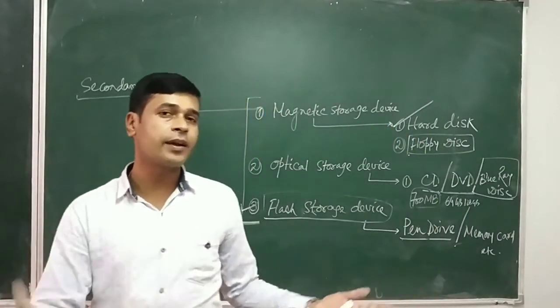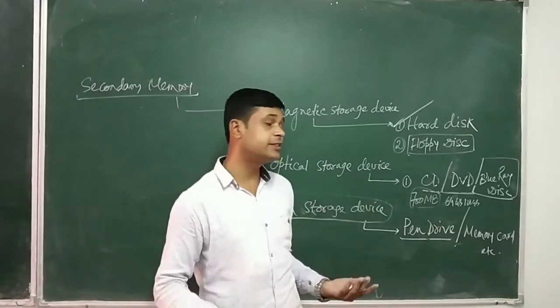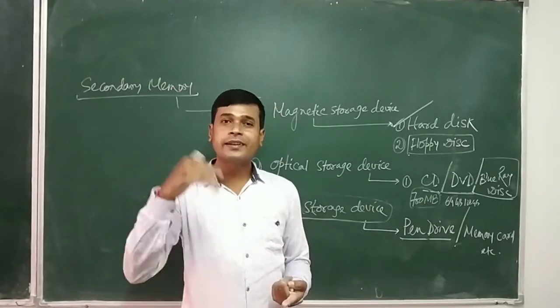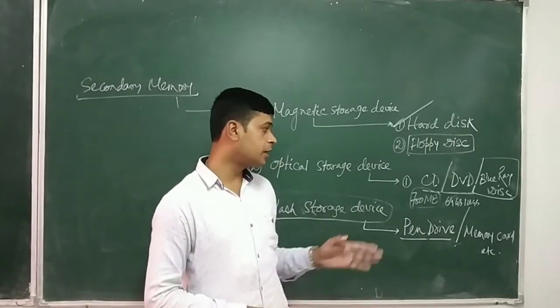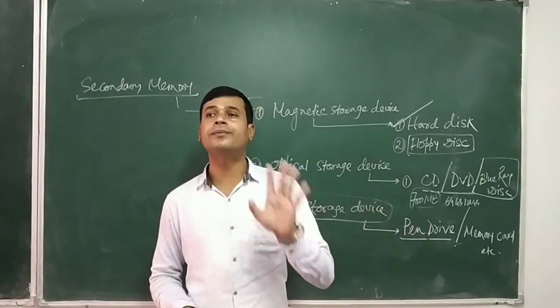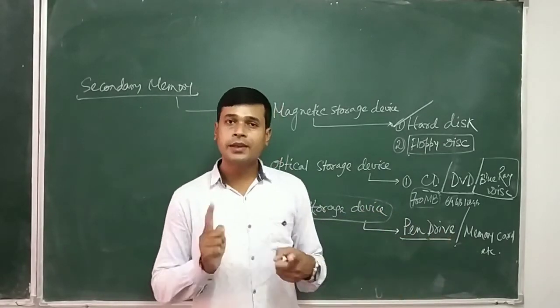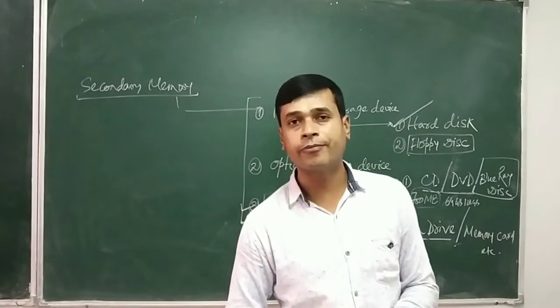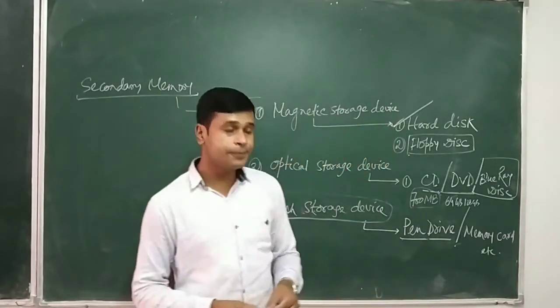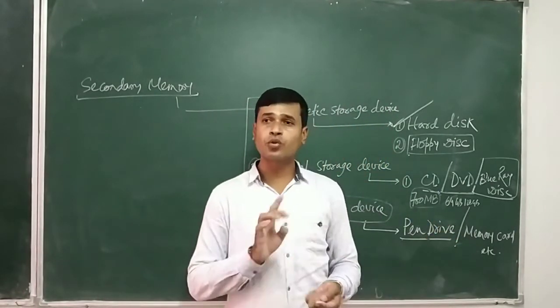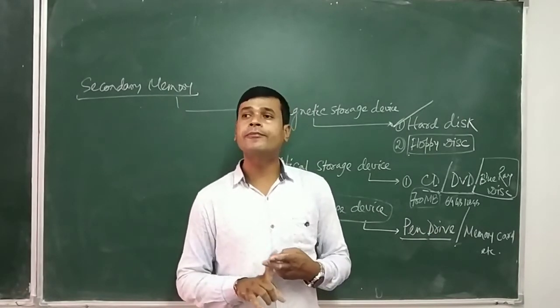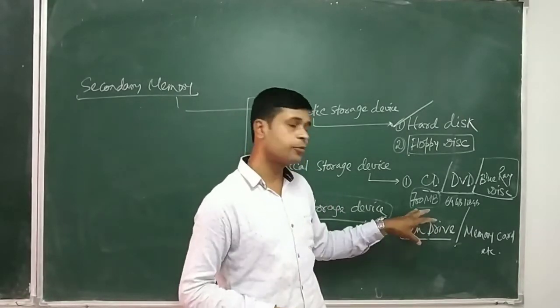Nowadays pen drives are available up to 512 GB, and latest ones are coming up to 1 TB and 2 TB. We can store up to 512 GB of data on a pen drive.